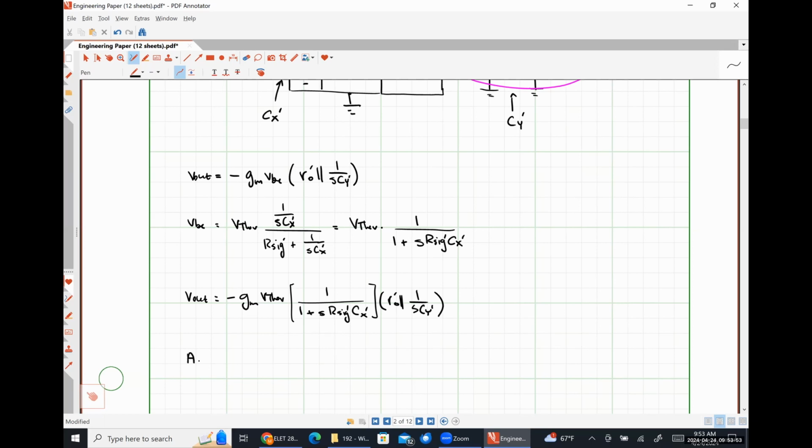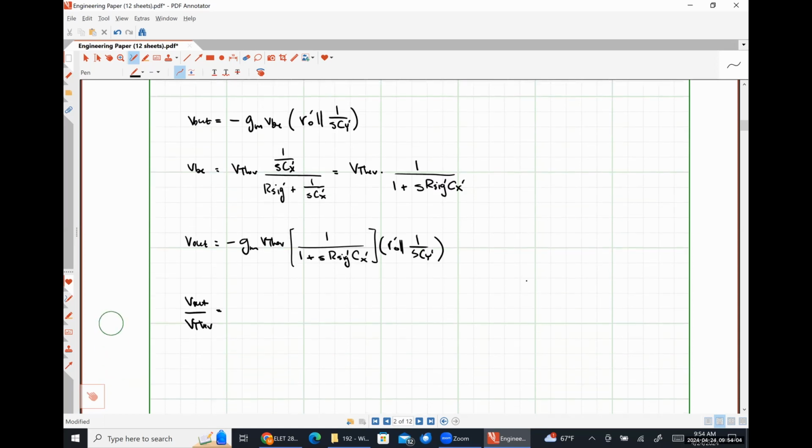And our voltage gain, so this would just be the ratio of V out to V thev: negative GM R naught prime in parallel with 1 over S CY prime times 1 over 1 plus S R sig prime CX prime. And now we just need to sort out how to extract our mid-band gain from that thing.